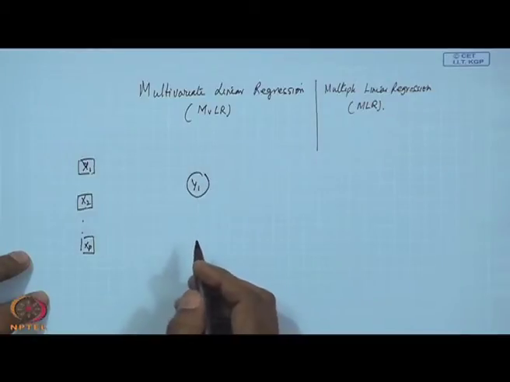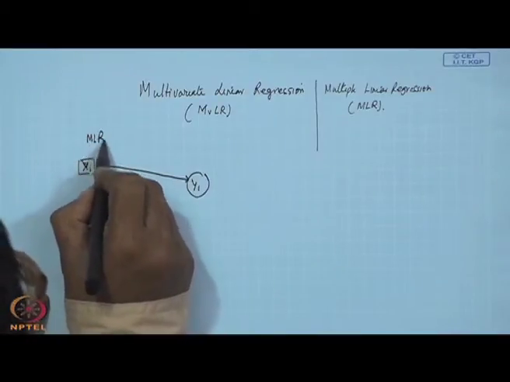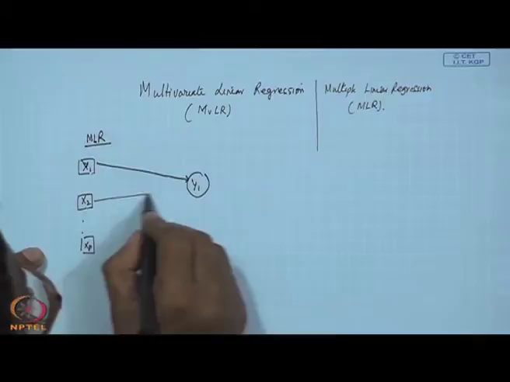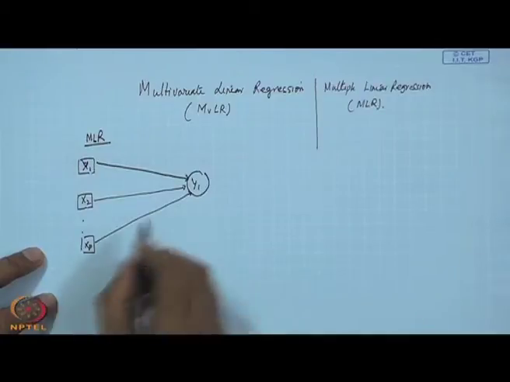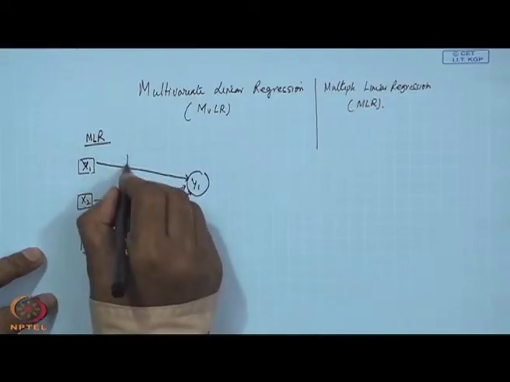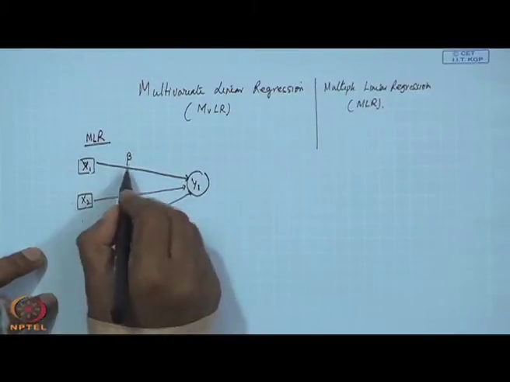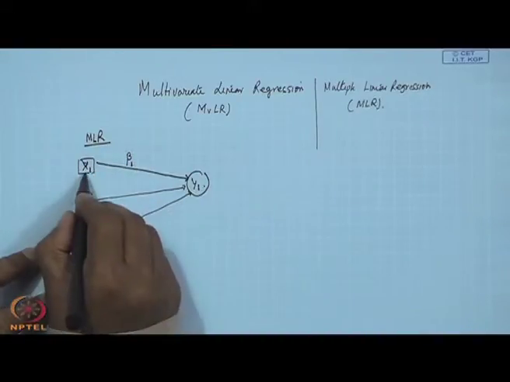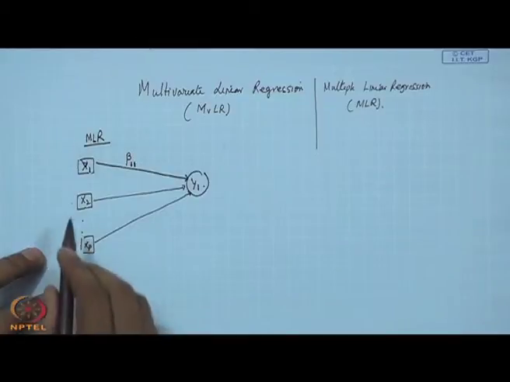Obviously, if you recall your MLR, multiple linear regression, we have pictorially depicted the multiple linear regression like this, where there will be several coefficients, known as regression coefficients, that y1 is affected by x1. So, 1 is related to the dependent side followed by another subscript that is related to the independent side. So, beta 1 1.